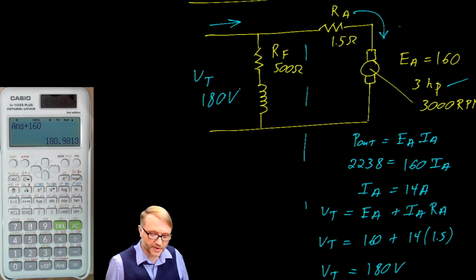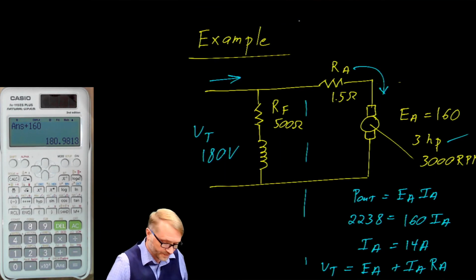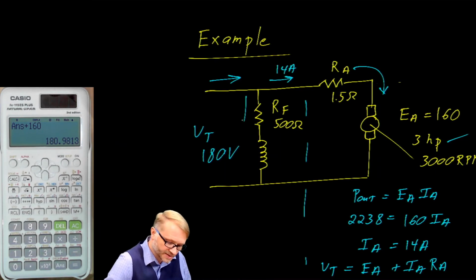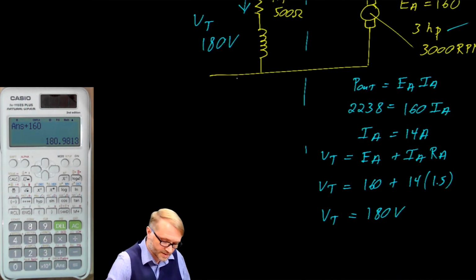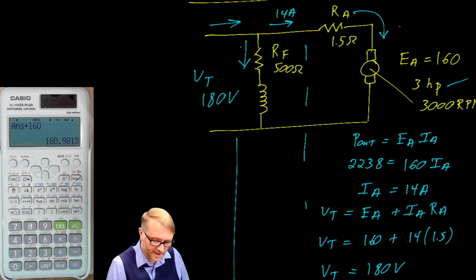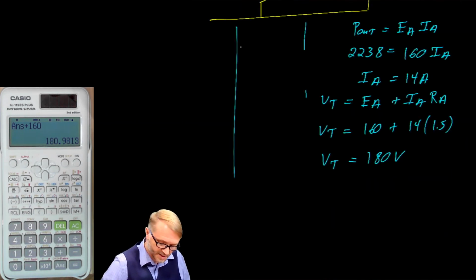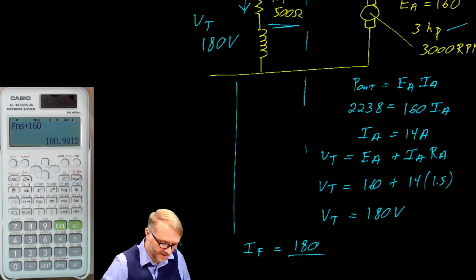And now the current. You've got to be careful with the current. True, it's 14 amps in this direction, but we also have to calculate what's going into the field. That's not too hard because we know there's 180 volts across that. So the current in the field is 180 divided by the resistance of the field, which is 500.